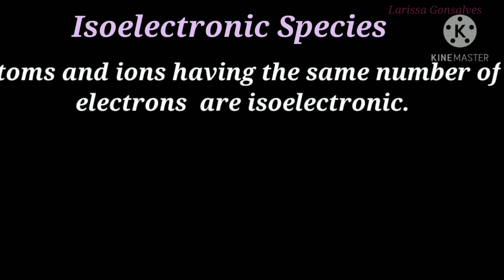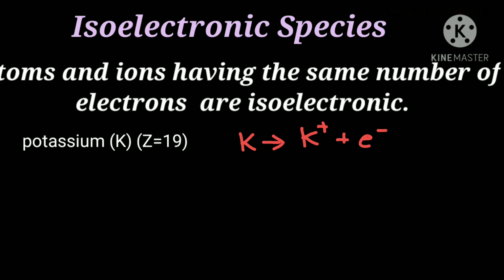So let us consider the example of K+. The atomic number of potassium, that is K, is 19. Right? So Z will be equal to 19, and this also means that there are 19 electrons. But when we write K+, K+ means it is giving away 1 electron and hence K is acquiring that +1 charge.